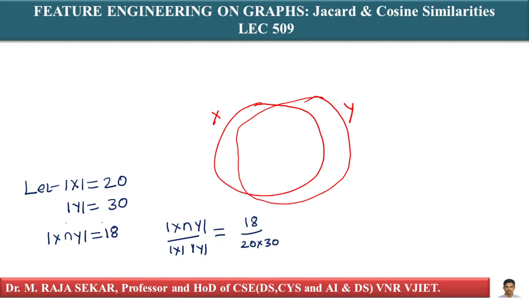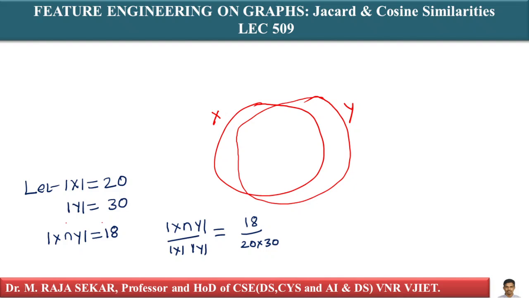The primary difference is the denominator compared to JACCARD. Instead of using the size of the union, we are using the number of elements in x multiplied by the number of elements in y. I am comparing this particular measure with JACCARD. Just try to recall JACCARD.